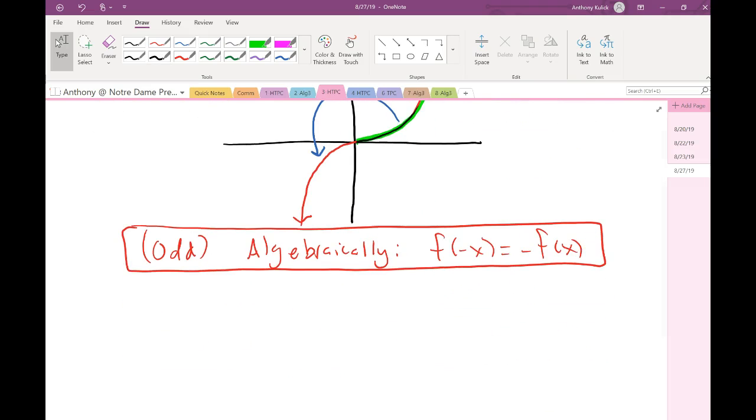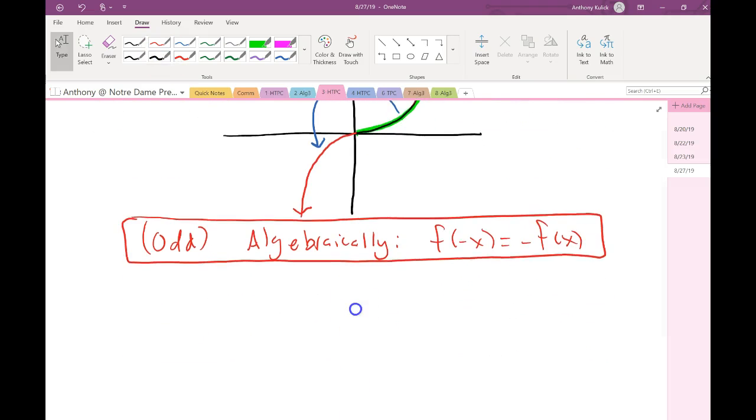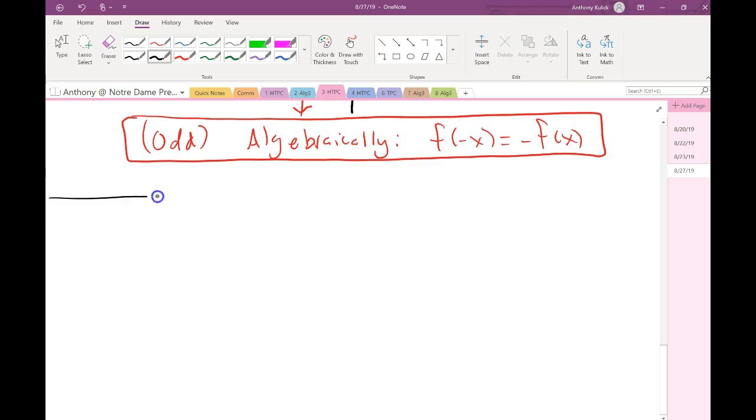So let's do some examples of how we can use these rules here.